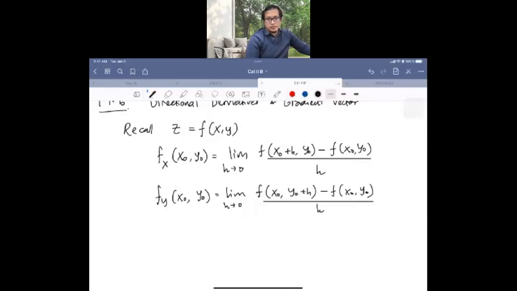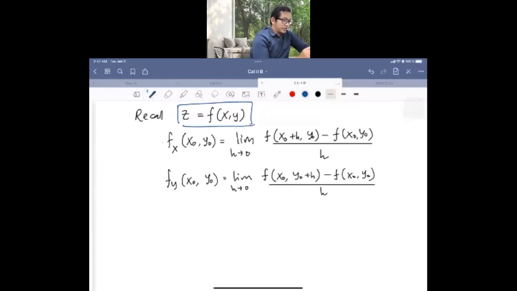What are the implications? As we may also learn from the differentials, if we have z in this particular function, we know that z will depend on x and y.